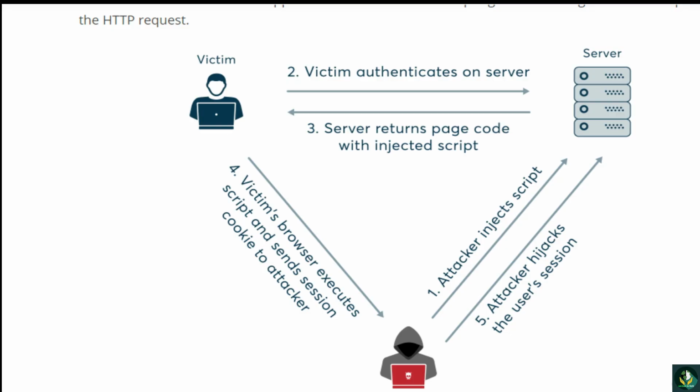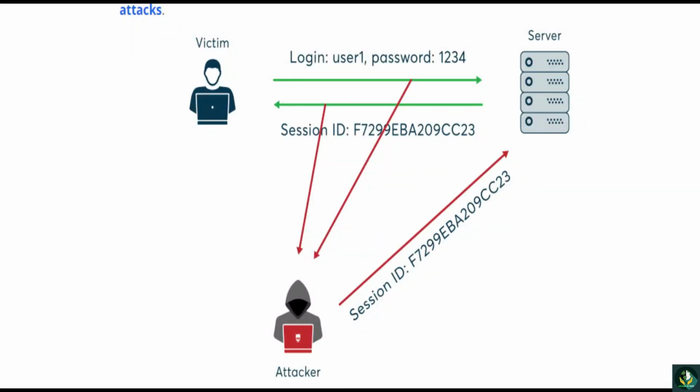Like session sniffing, an example. In the example, as we can see, first the attacker uses a sniffer to capture a valid session token called session ID. Then they use the valid session token to gain unauthorized access to the server.